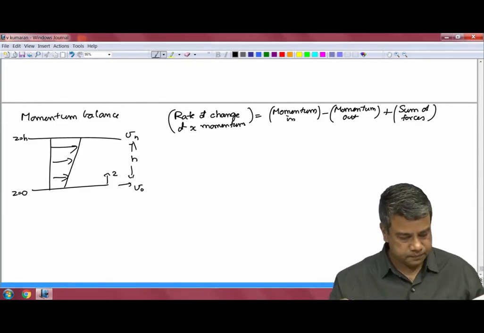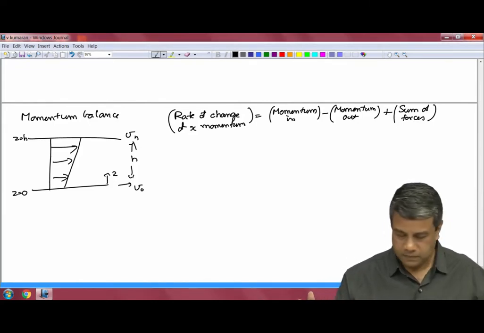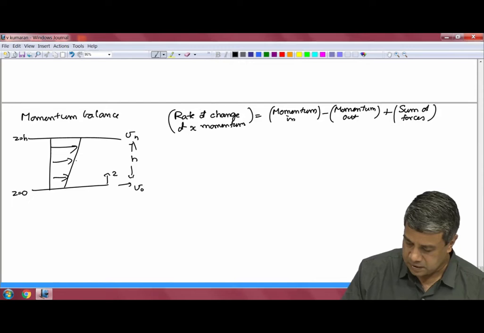So, we take once again a differential volume.